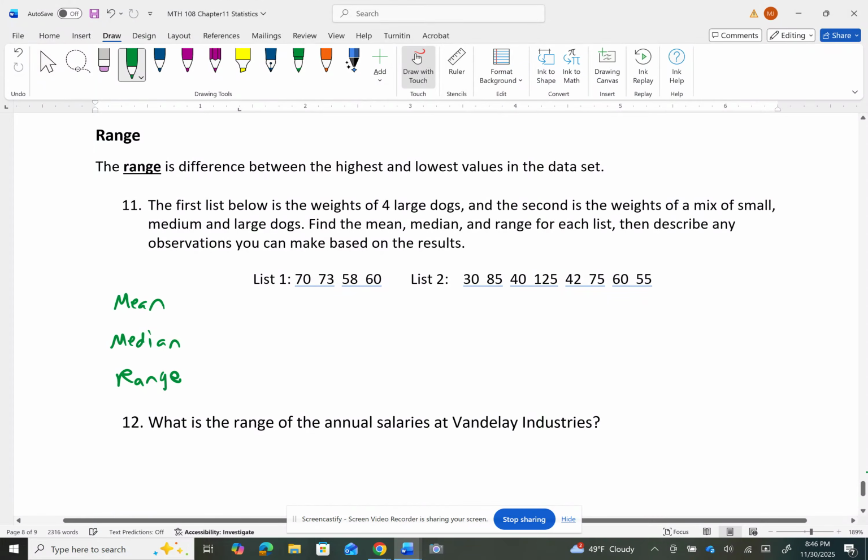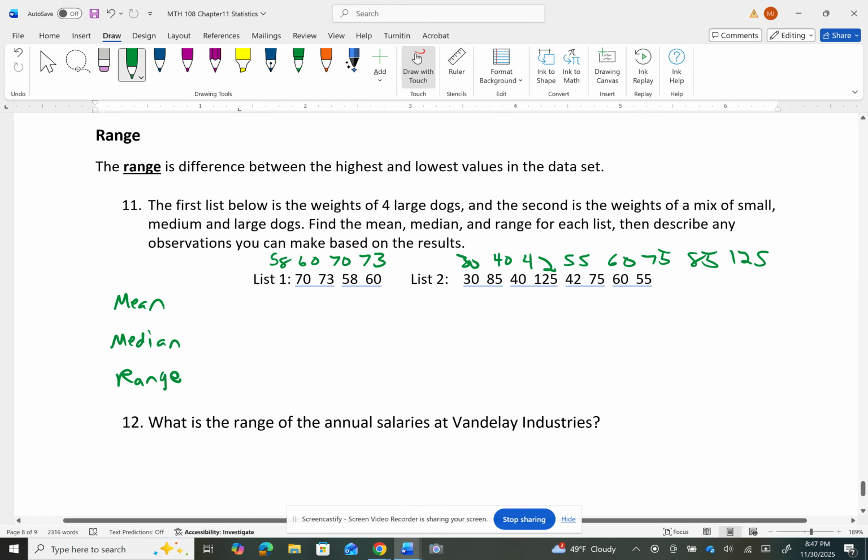All right, so we really need them in order. So let me do that real quick. 75, 85, and then there's one that's 125. And then list 1 just had 4 values, so it's a little easier to see without even doing that. You could probably have done it.